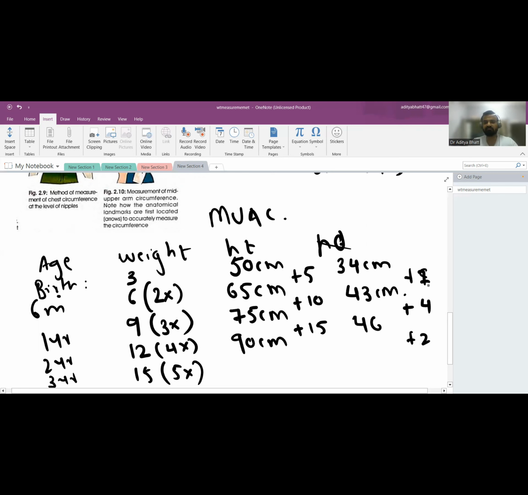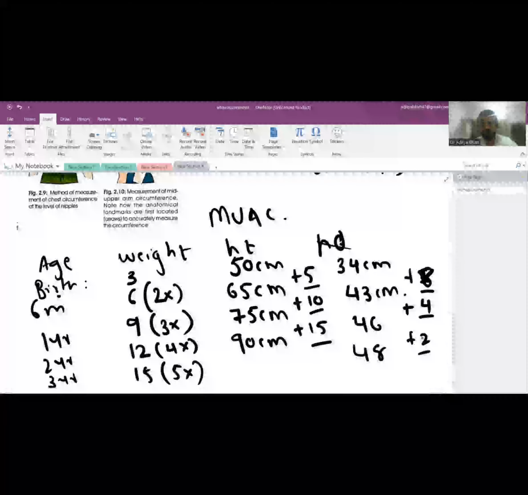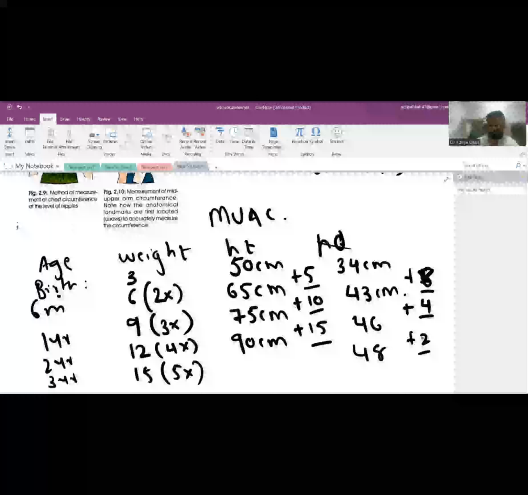If you take it as 8, this is what you get: 34, 43, 46, and 48. So this is how you estimate head circumference. These are some cheat codes that you have to remember for estimated height or estimated head circumference at a specific age.